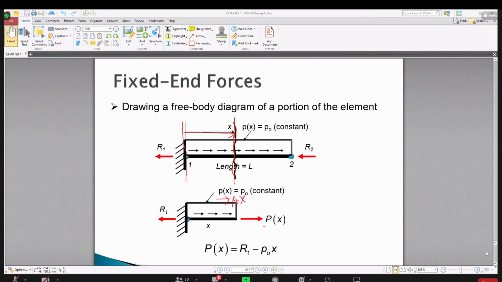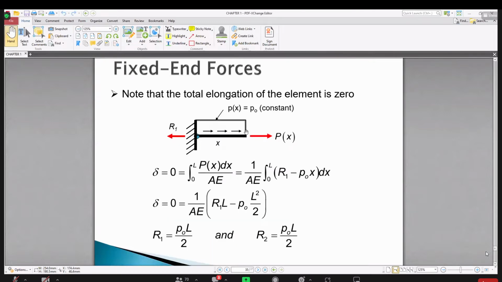It should be the force at this imaginary section. Note that the total elongation of the element is 0. Why? Because it is fixed.